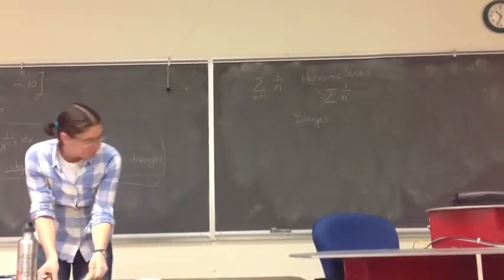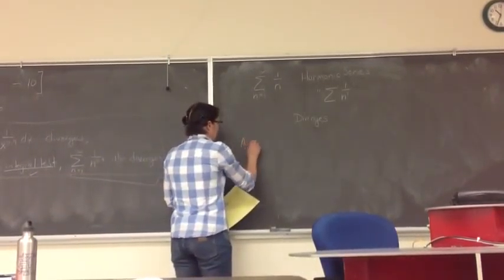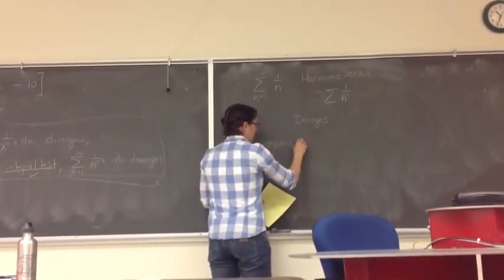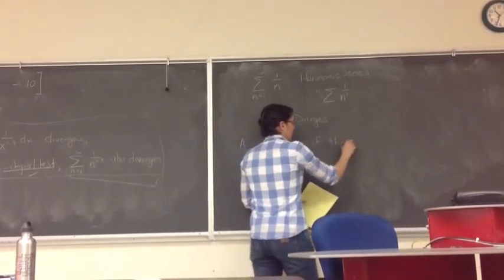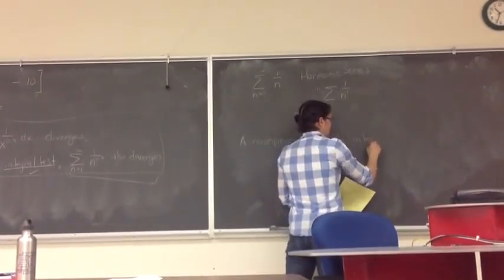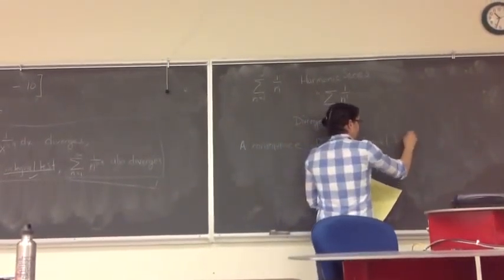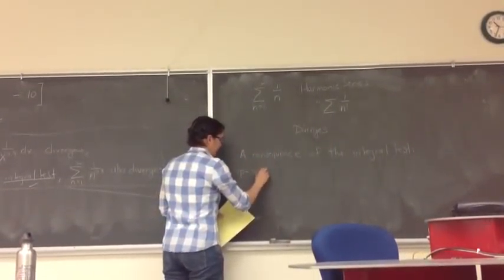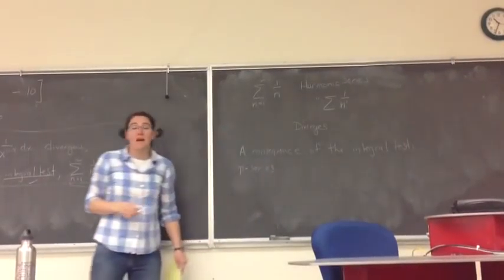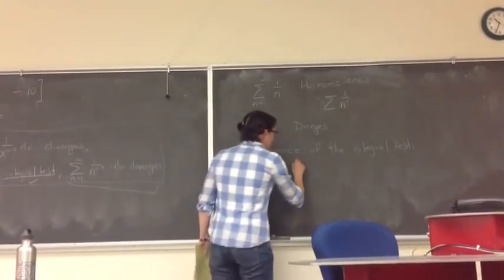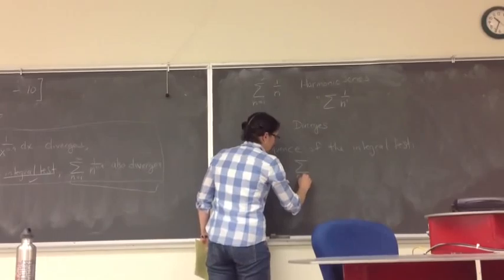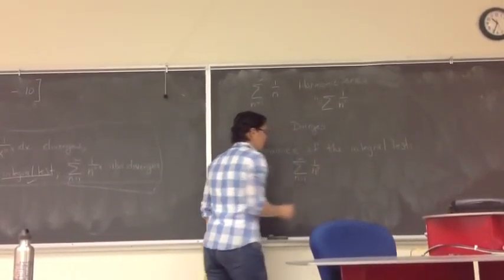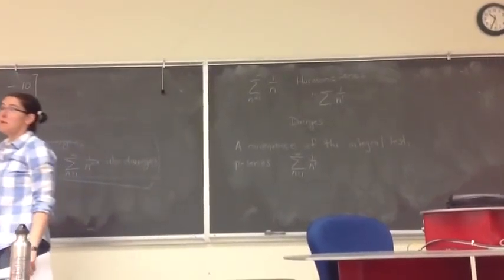And so a consequence of the integral test is something called a p-series. And a p-series is a series that looks like the sum where n goes from 1 up to infinity of 1 over n raised to the p.